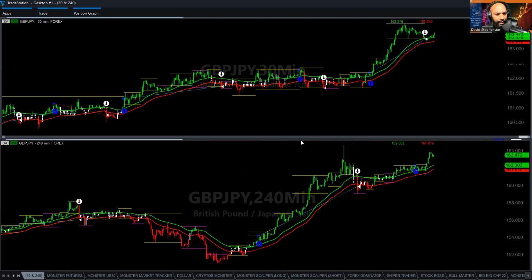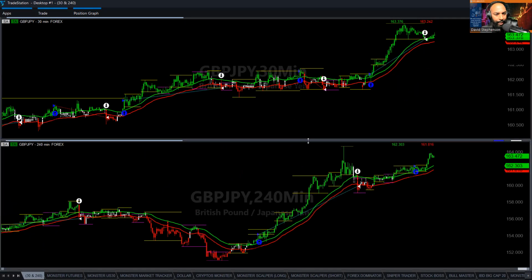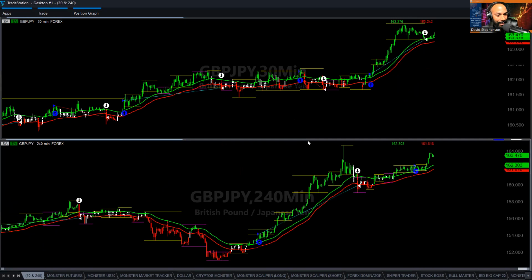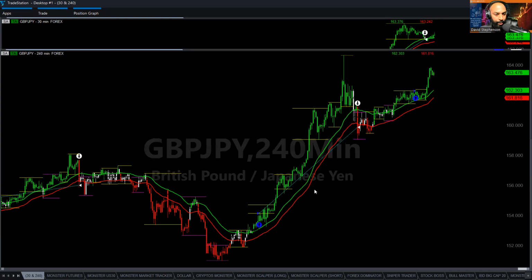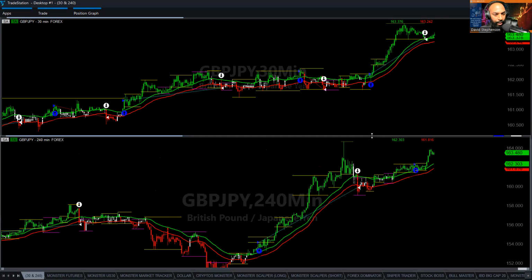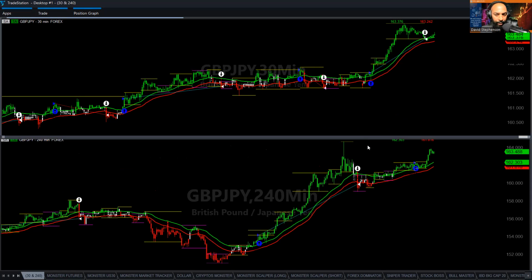Once you guys get really good at trading on that 30-minute, you might never go back to the 240, because you can bank profits. But don't forget to stay with it, because this is a nice trend up. If it continues to move higher, it could give you great opportunities on that 30-minute time frame. So good job, Bill.